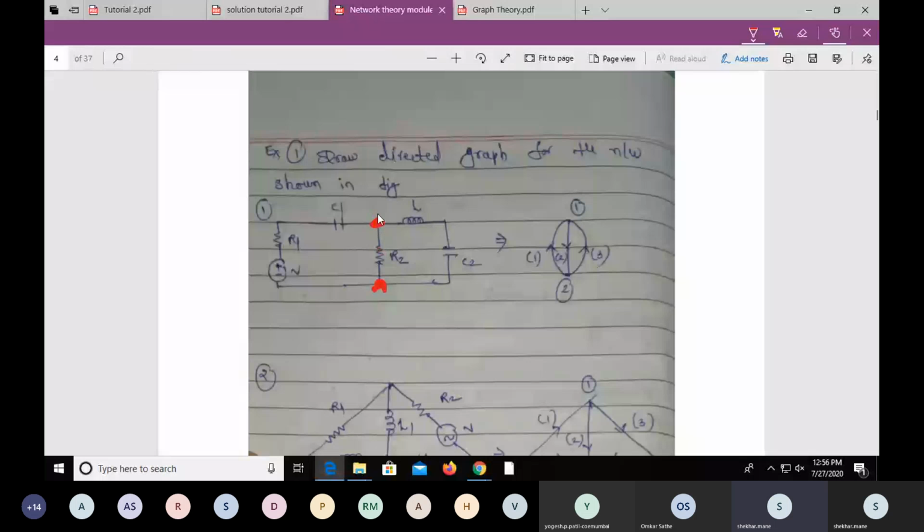First draw the nodes and then draw the branches. In this way, this is called a directed graph. And these are the branches 1, 2 and 3. Have you understood this?